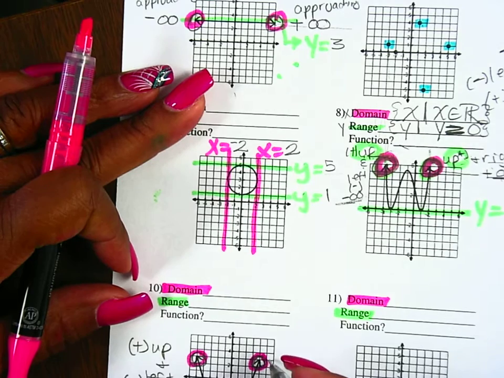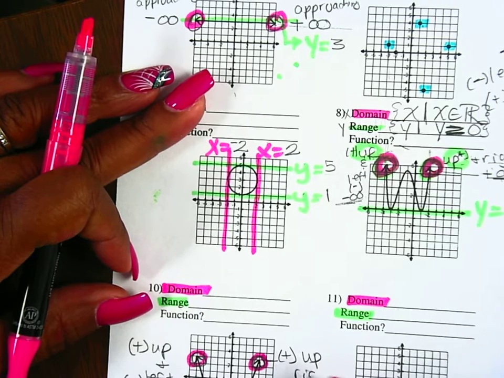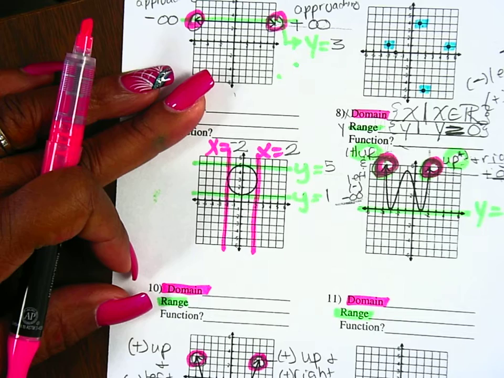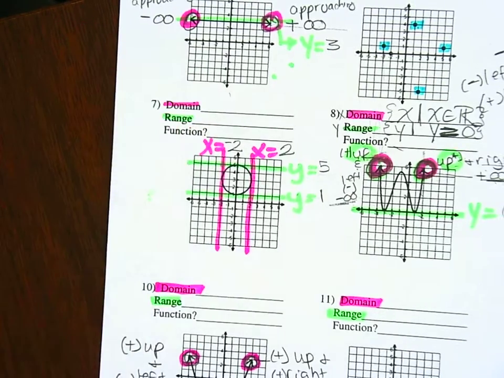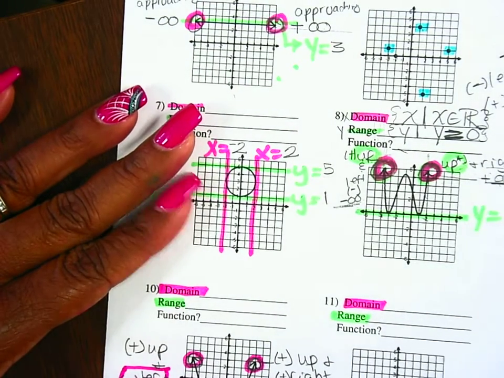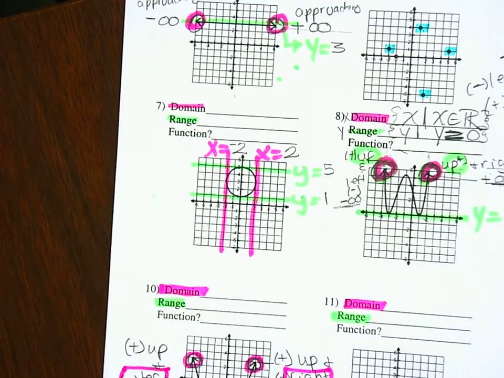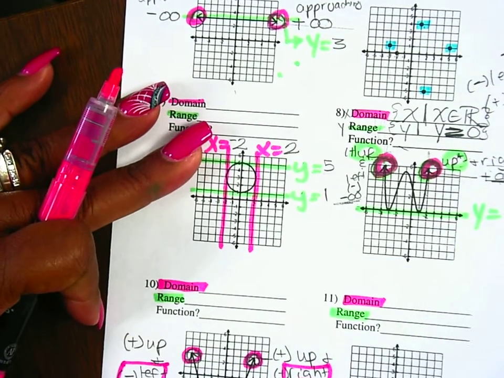Here it's going up, meaning positive, and it's going right, meaning positive. So if you're looking at this to determine your domain.